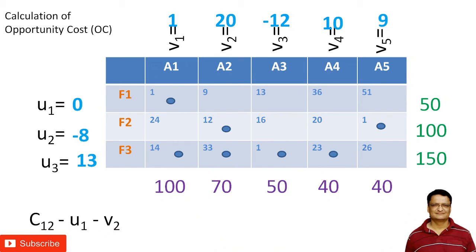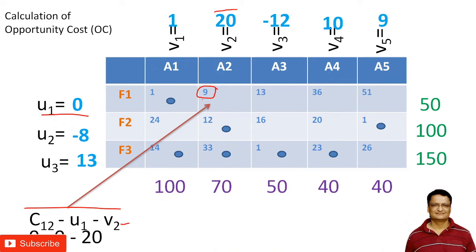So this formula gives me the opportunity cost. If I put the values over here, C12 is the transportation cost 9. U1 we have calculated, that is 0, and V2 we also calculated, that is 20, and this gives me minus 11. So this is the opportunity cost for this cell.